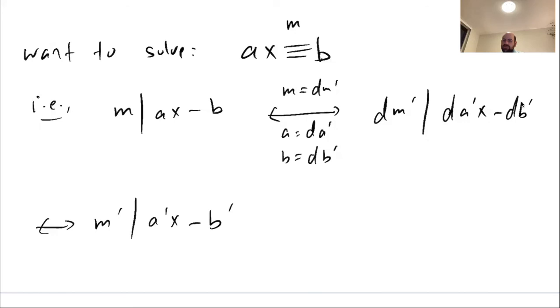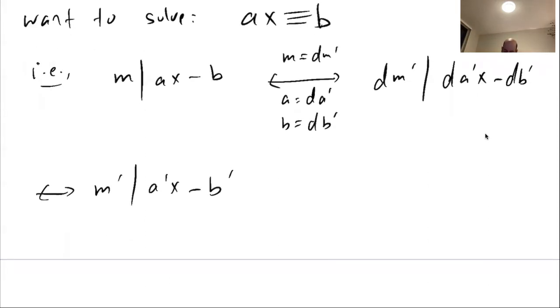It means this number can be written as this number times some k, for example. So you can easily write this in the form of an equation. And once you have an equation, you have D on both sides, and when you have an equality, you can cancel a factor D from both sides as long as the factor is non-zero. And of course, this D is non-zero. So you can easily verify that we are allowed to cancel D from both sides.